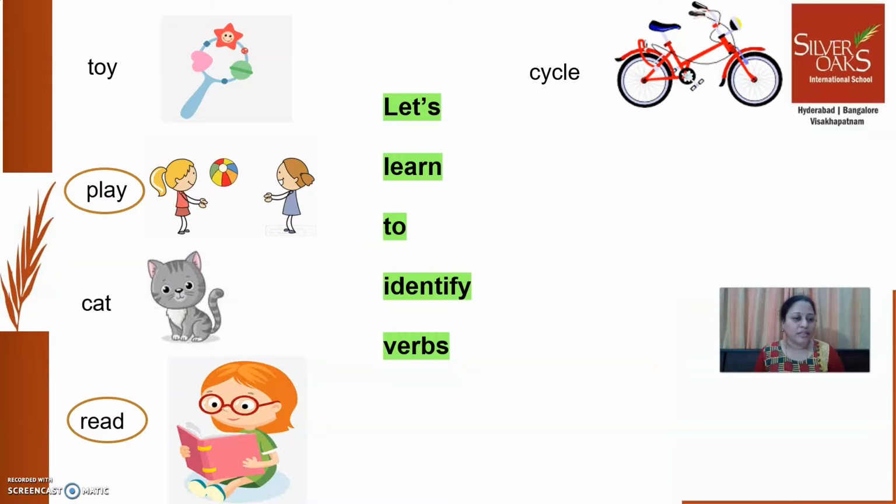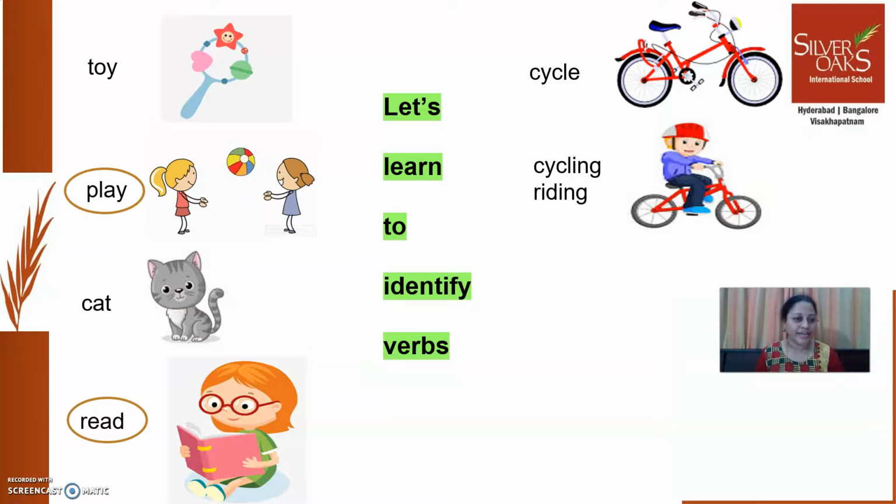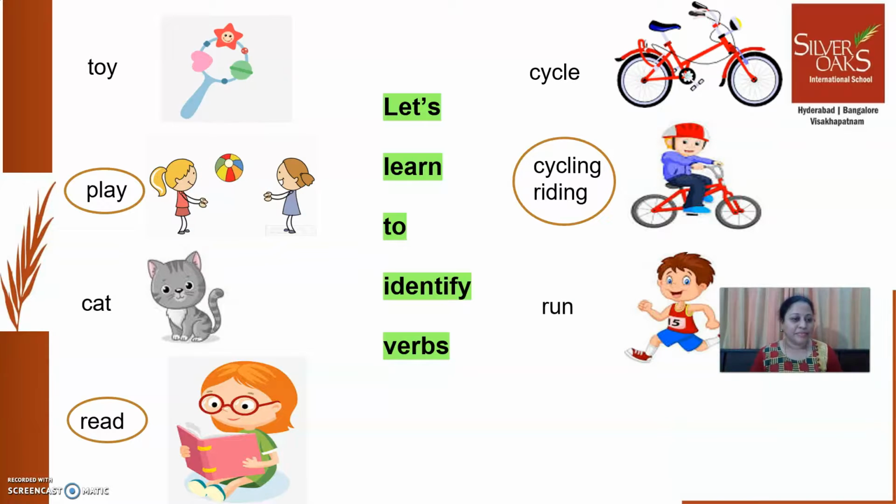When you say cycle, simply there is no action there. But when you say cycling or riding, then there is action, right? Then there is some kind of movement, some kind of work. So cycling is a verb. If you simply say cycle, it is just a thing. It is not a verb. Run. Again, running. Some kind of action is there when you run. Yes, so run is again a verb.